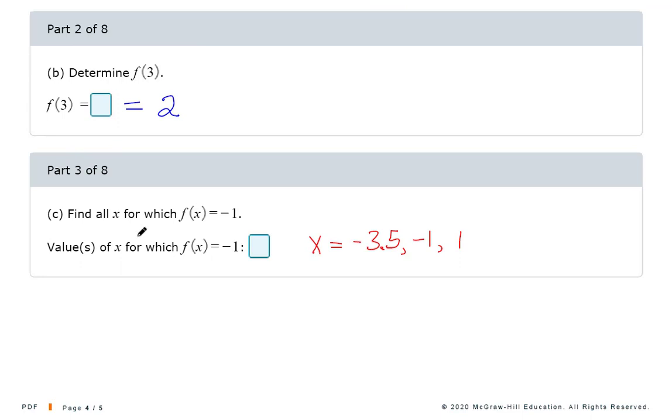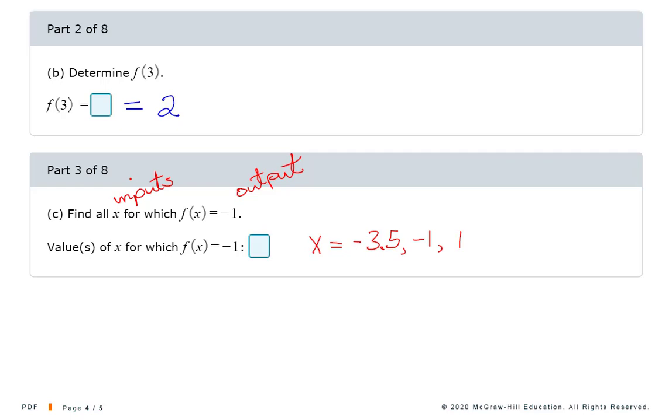All right. Part 3 of 8 of these. Find all the inputs which make an output of -1.